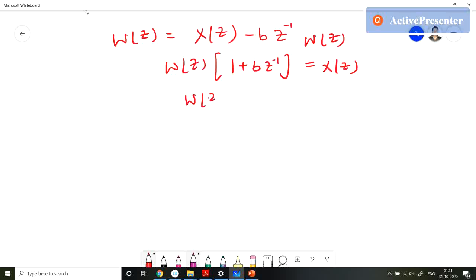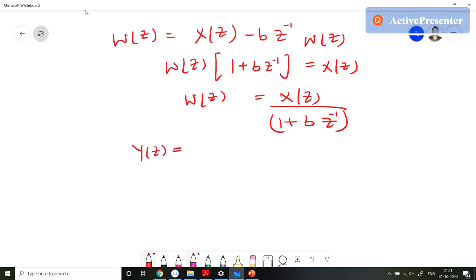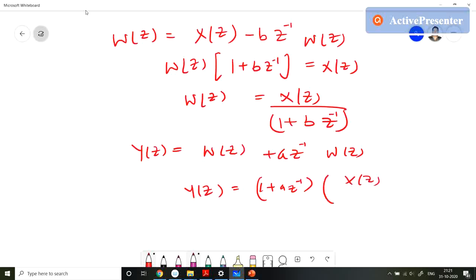So W(z) is X(z) divided by 1 plus b z inverse. Also Y(z) is equal to W(z) plus a z inverse W(z), so Y(z) is (1 plus a z inverse) X(z) divided by 1 plus b z inverse.